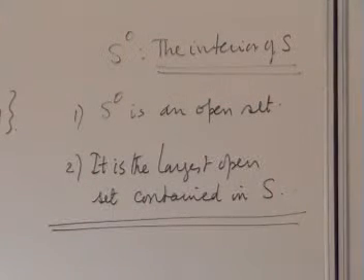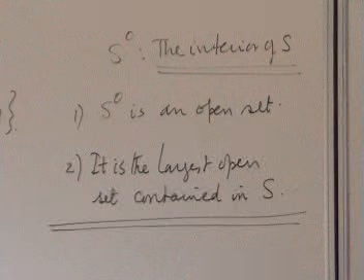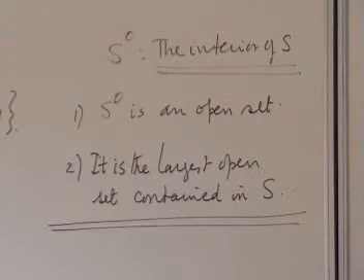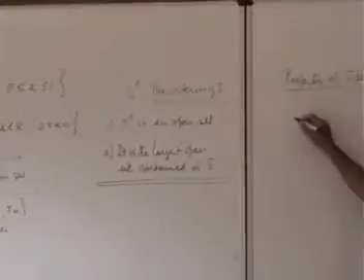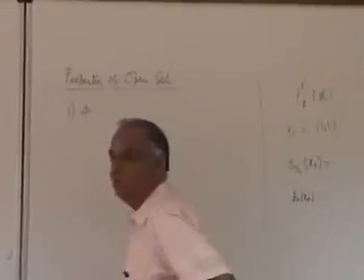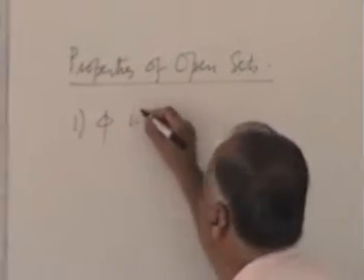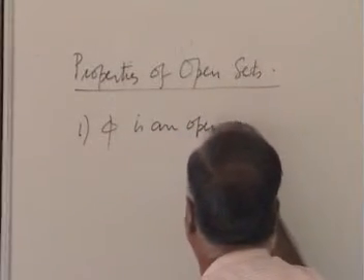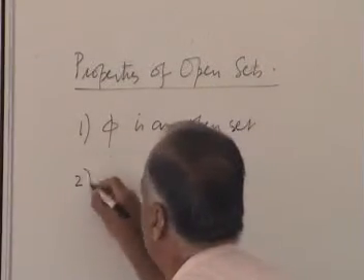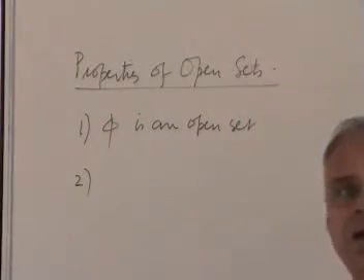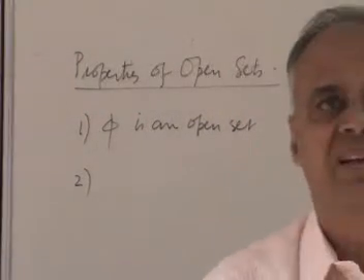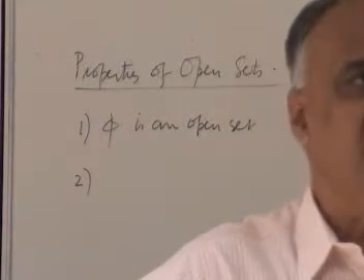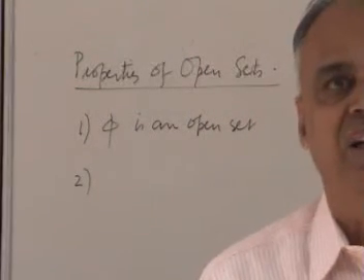Now, some quick properties of open set. As I observed, phi is an open set. Now, if everybody is a friend, that is, if I take the whole set, then every point will be an interior point.